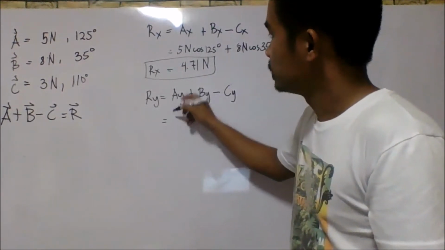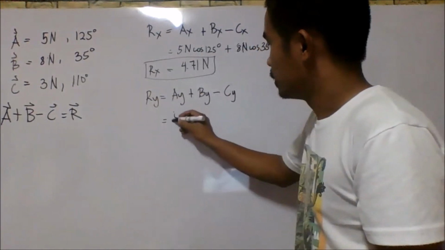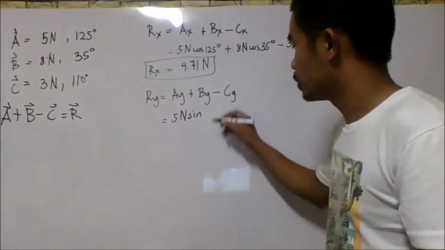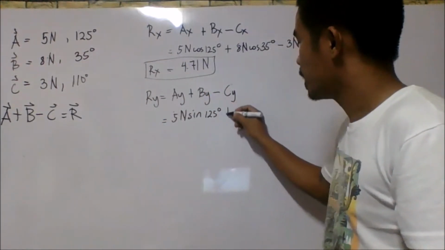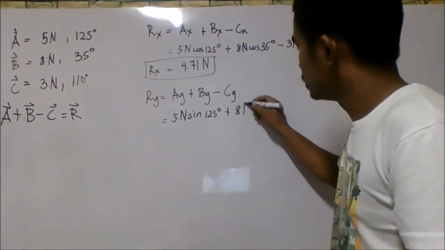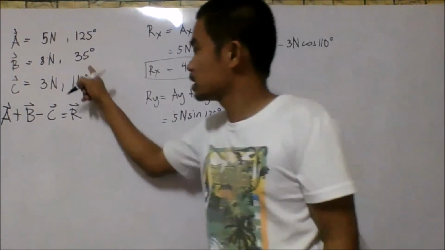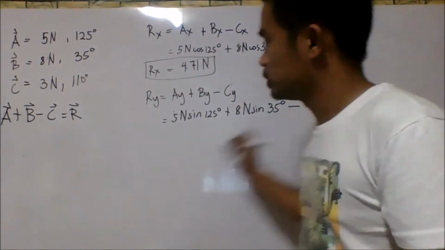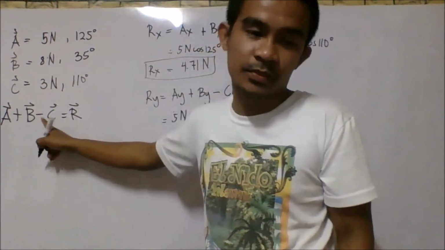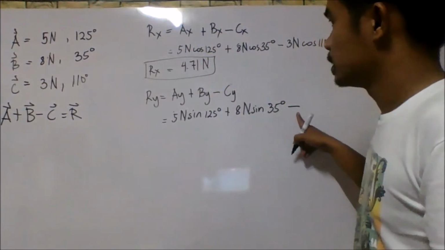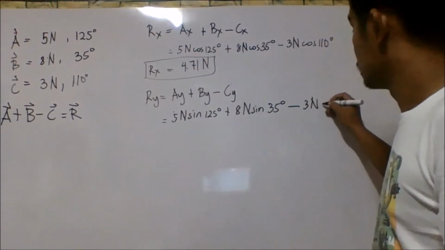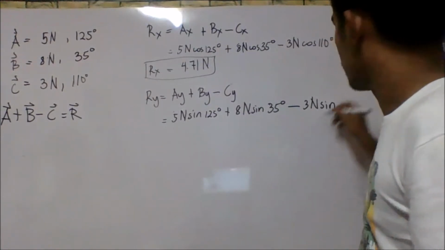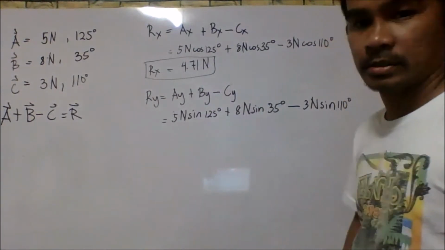That is the magnitude of vector A, which is 5 Newton, sine of its direction from positive x-axis, which is 125 degrees, plus B of y, which is 8 Newton, sine of its direction, 35 degrees, and then minus, since it's minus vector C, minus 3 Newton sine of 110 degrees.